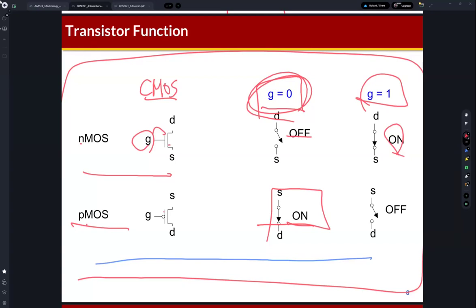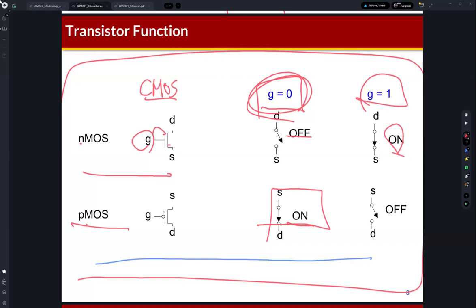But we can simplify the behavior of transistors by using a digital discipline, right?